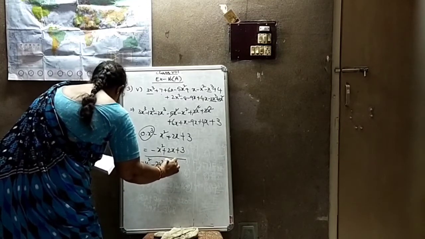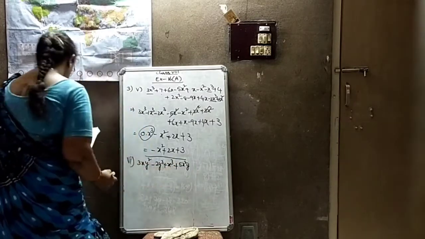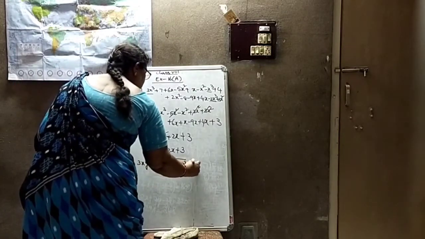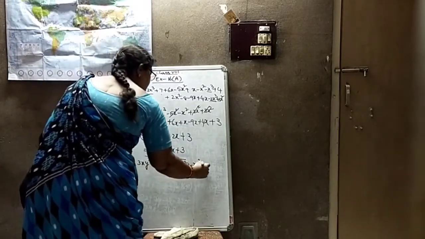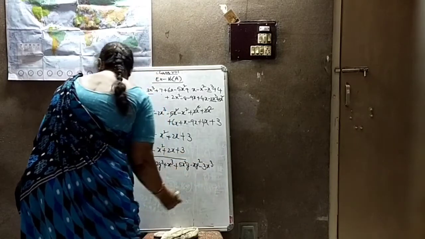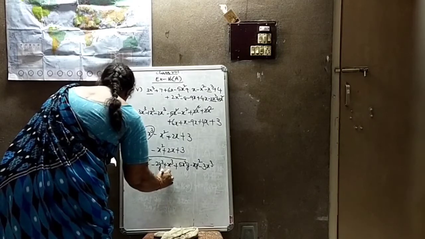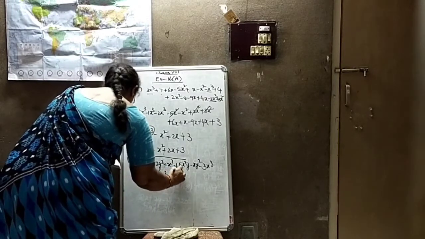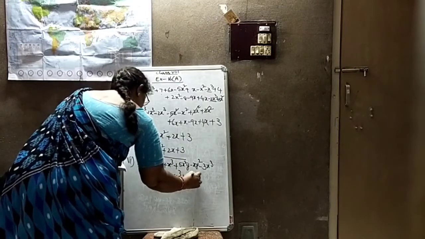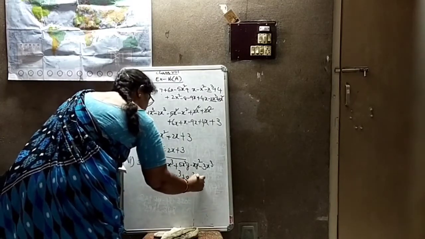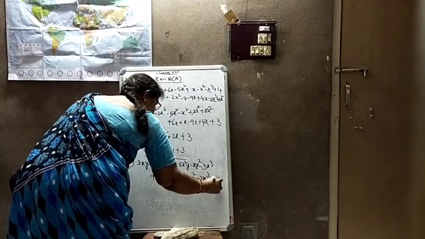Plus x cube plus 5x square y minus xy square minus 3x cube plus 8x cube plus xy square.